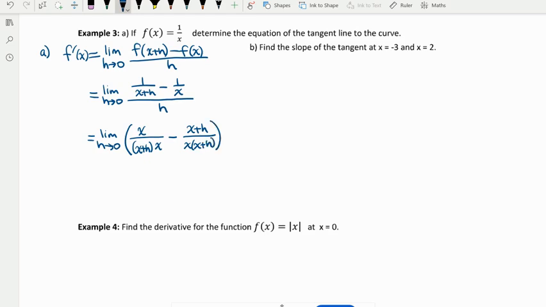I'm just going to set 1 over h aside like this. Make it into one fraction, so x minus x. Remember to distribute the minus h, because this minus applies to both the x and the h. Watch your signs. The bottom is just x times x plus h.